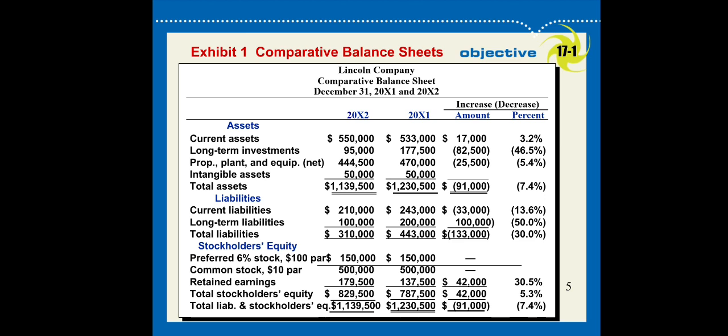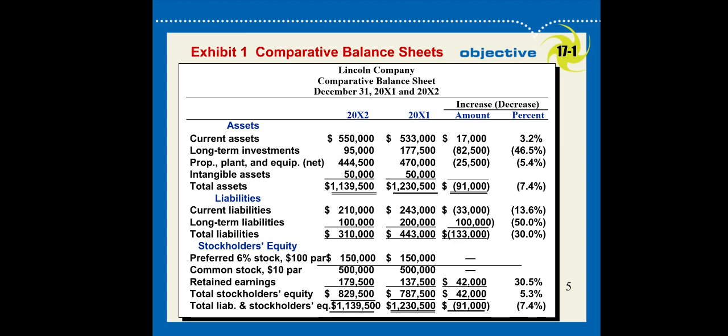Make sure you have 2 years of data, and then when you want to make horizontal analysis, you have to prepare column number 4 and number 5. In column number 4, you have to show an increase or decrease in the amount of every item.